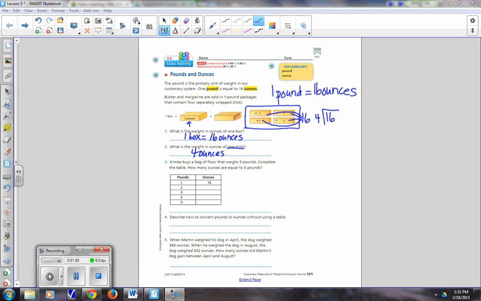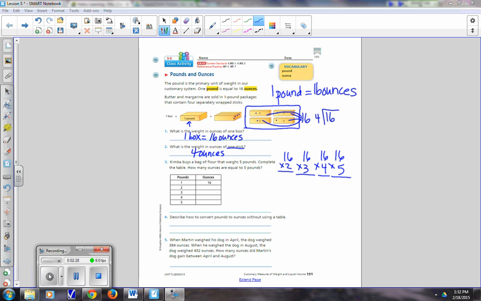Kimba buys a bag of flour that weighs 5 pounds. Complete the table. So every time I get a pound, how many ounces is it going to be? Just like I was telling you today in math workshop, the easiest way to fill a table out like this is to first figure out what 1 pound is equal to. That's 16 ounces. So figuring out the rest is pretty simple: 16 times 2, 16 times 3, 16 times 4, and 16 times 5.